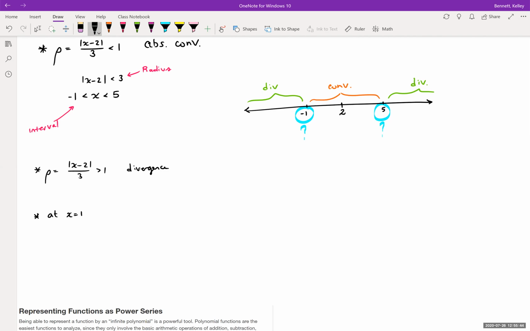At x equals -1 and x equals 5, rho is equal to 1, which is inconclusive. So we have to test those individually.